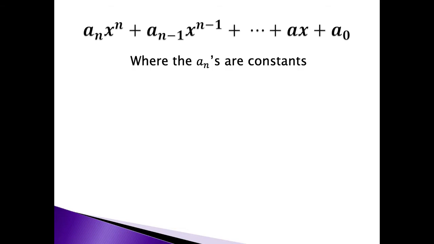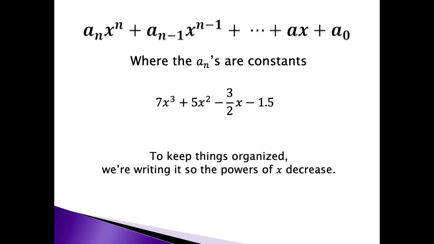Now, the a sub n's are constants, so we have 7x cubed, 5x squared, minus 3 halves x minus 1.5. That is one example of a polynomial, okay? There are infinitely many polynomials, okay?